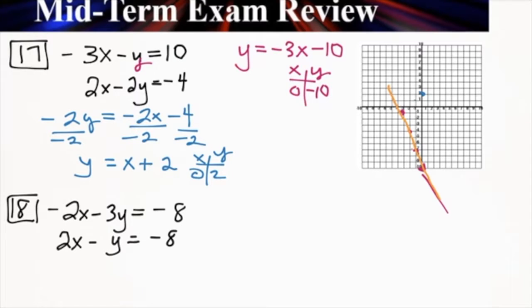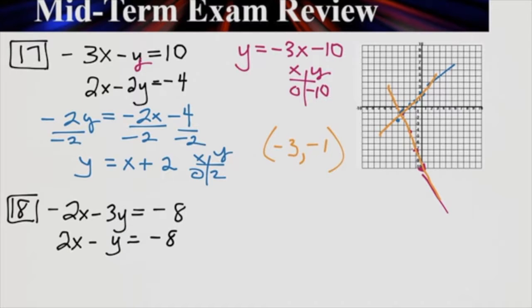I don't want to go this way because I want to cross the line. My goal is to get the intersection point, right? So there's my intersection point right there. I just crossed my other equation, okay? So I'm crossing at negative 3, negative 1, and that's our answer for number 17.